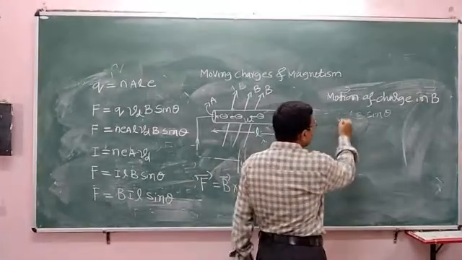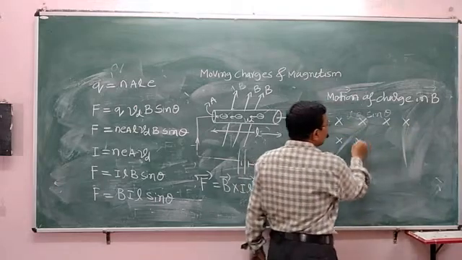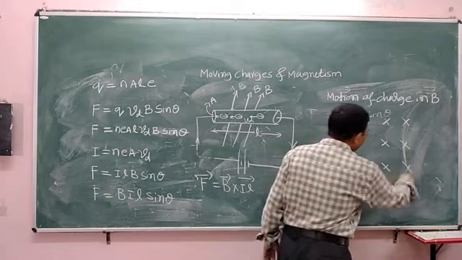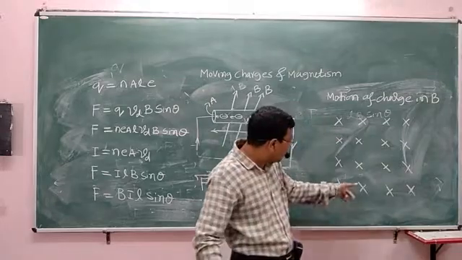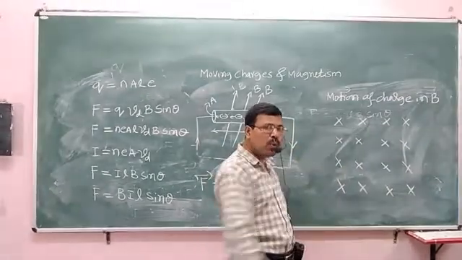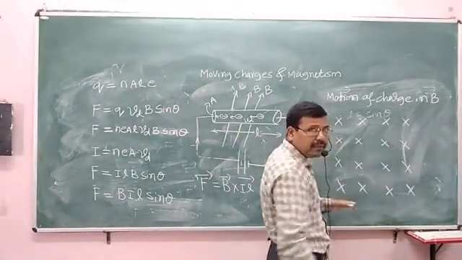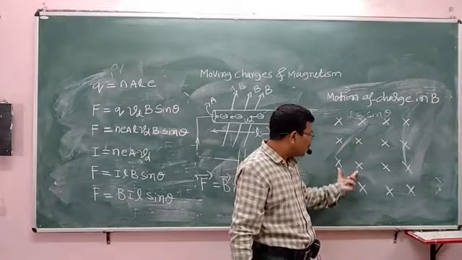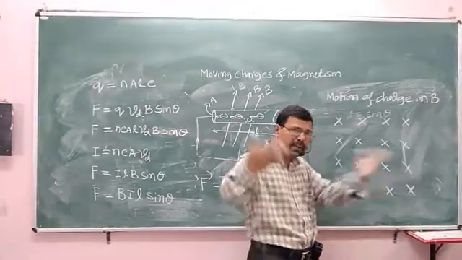So we have here magnetic field. Every cross indicates that the direction of the magnetic field is into the plane. The magnetic field lines are entering into the plane. Uniform magnetic field. Spacing between two lines is same. So at every point the strength of magnetic field is same.